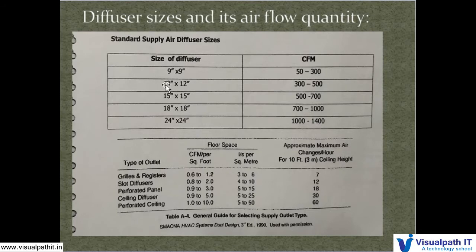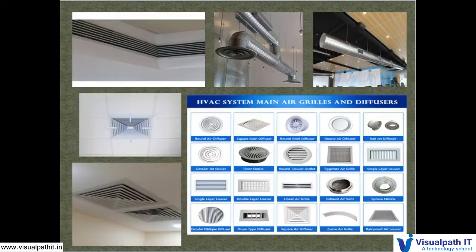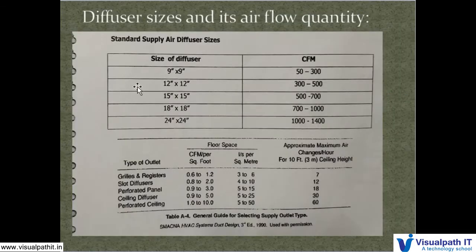If it is 12 inch by 12 inch, 300 to 500 CFM it can serve in a single diffuser. For example, if this is a diffuser and its size is 12 by 12, it can serve from 300 to 500 CFM to that space. That is what I mean. If the size is 15 by 15, this much flow you can get, and 24 by 24 you can get 1000 to 1400 CFM.